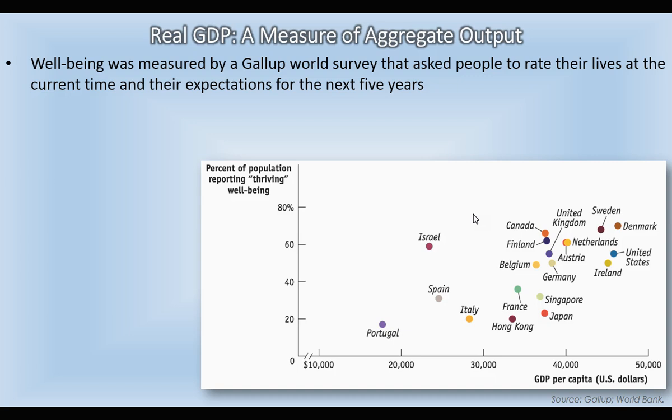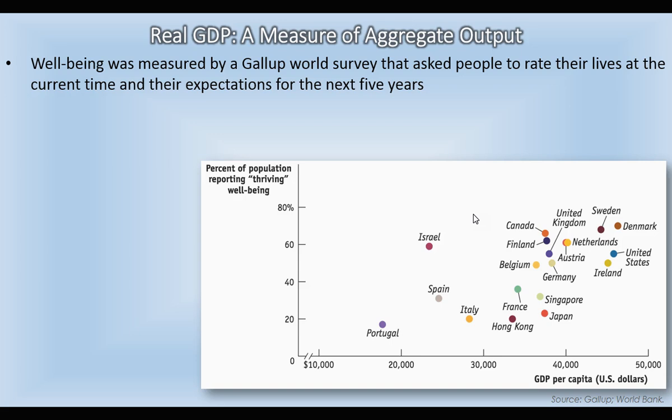So well-being was measured by a Gallup World Survey. Gallup is an organization that does a lot of surveys for a lot of different organizations. They can do them for governments, or they can do them for companies. It depends on whoever wants their services. Gallup is really good at collecting data on things.